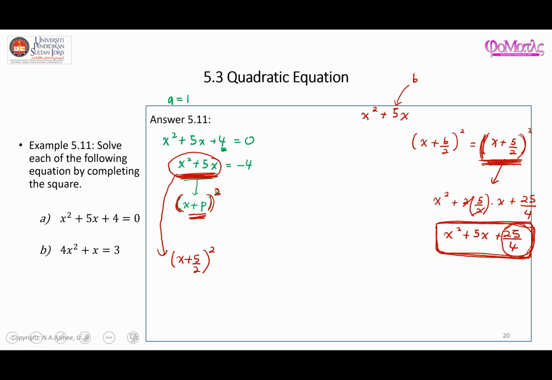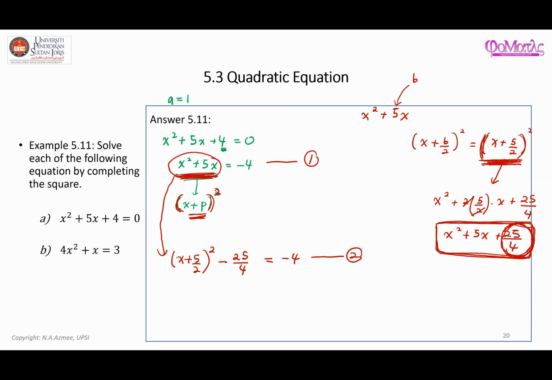So now, if I have additional value 25 over 4, I can get rid of that by introducing negative 25 over 4. And that is equal to negative 4. So this is the original statement. That original statement is the same thing as this second statement over here.